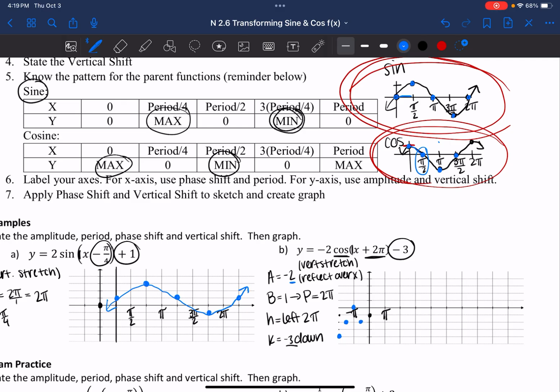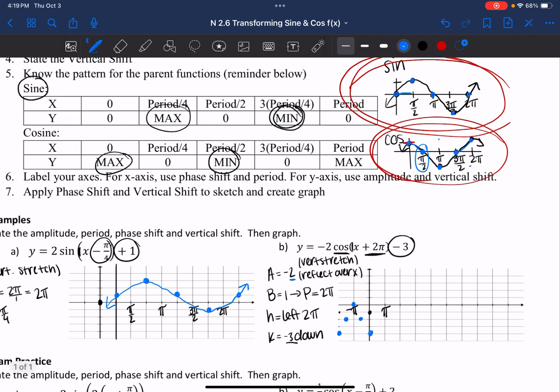And then normally from there, I would be going up to a maximum, but we reflected, so now it's a point down here as a minimum, which would put me right here. So now my entire graph has been condensed just because of the lines we had to fit it in, but it did take place from here, which was at -2 pi, to here, which would be 0. So it did take place over the course of 2 pi.